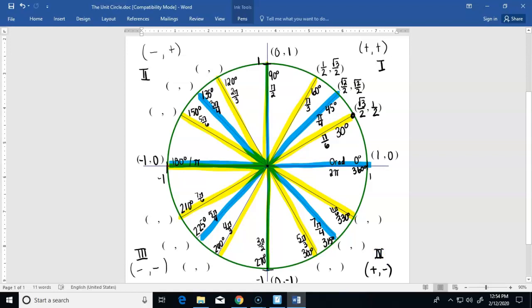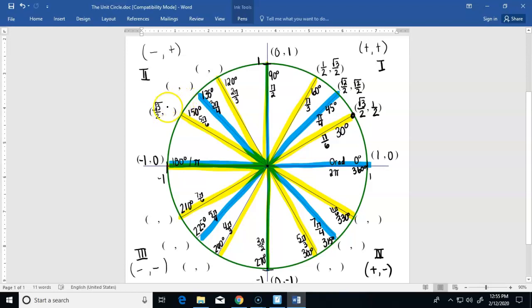I'm not going to ask you that much, but there's something that might show up on the ACT that you've forgotten from earlier classes. So if I take this point right here and I flip it over here, it's going to be the same point except the x coordinate is going to be negative.